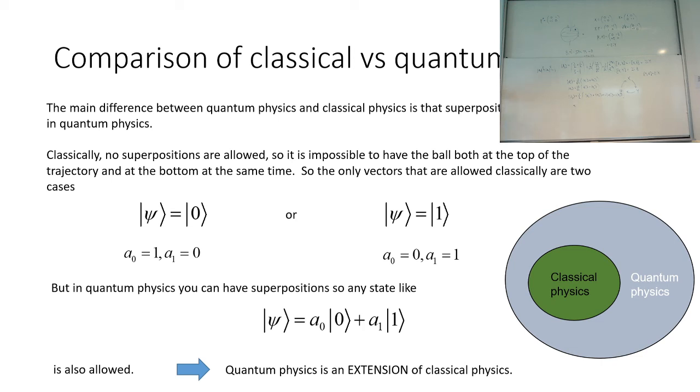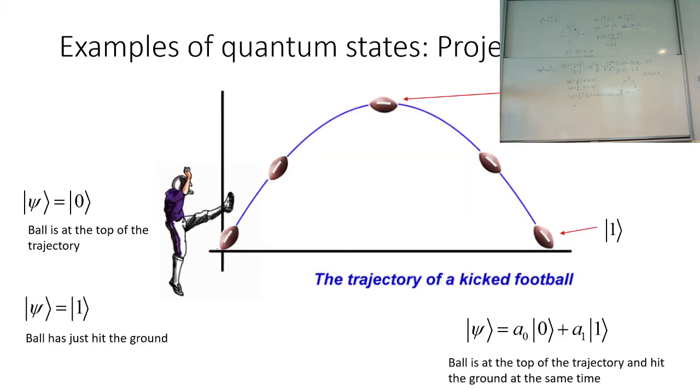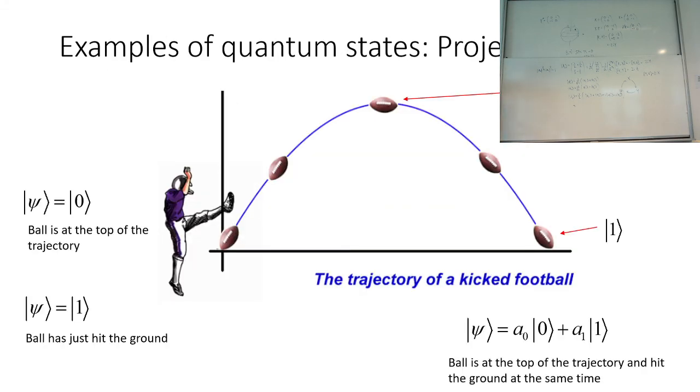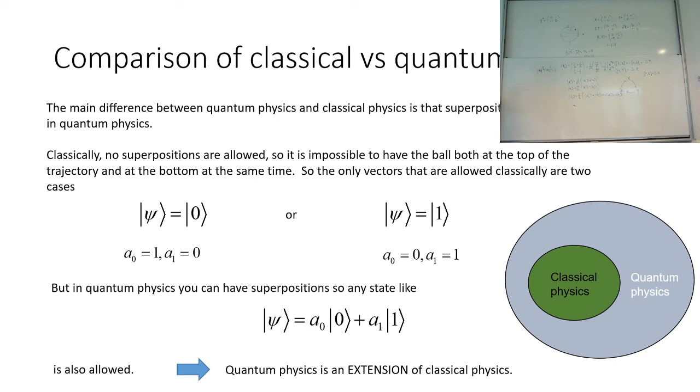Classically, this example is impossible. I can't have the ball here and here at the same time. Classically, if we limit it to those 2 states, I can have it at state 0, at the top of the trajectory, or I can have it at the bottom. I can't have it both at the same time. But quantum mechanically, you can have this more general state.